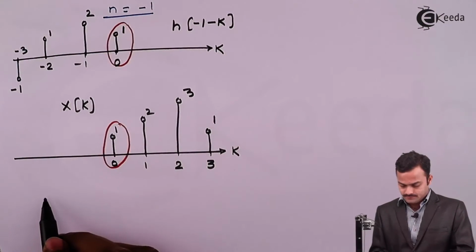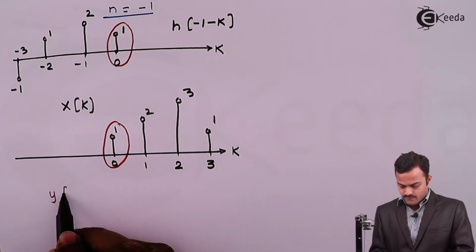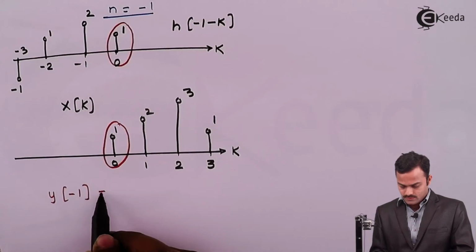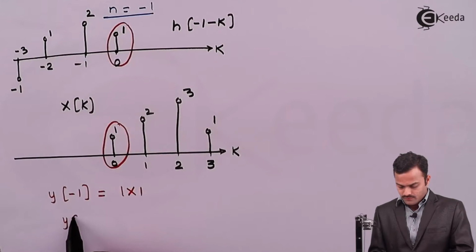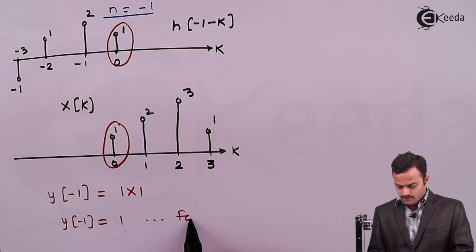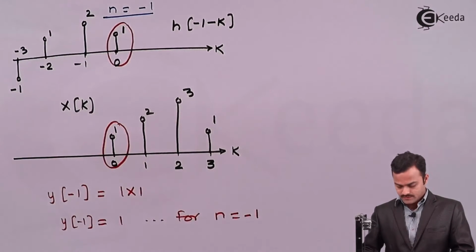So I can say y of -1 is 1 multiplied by 1. So y of -1 is equal to 1 for n equal to -1.